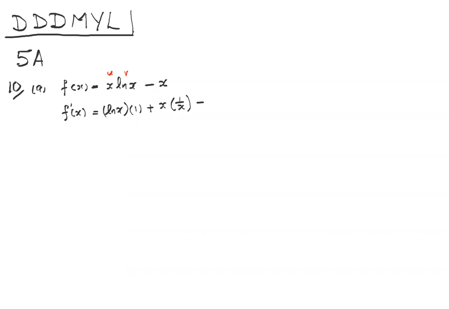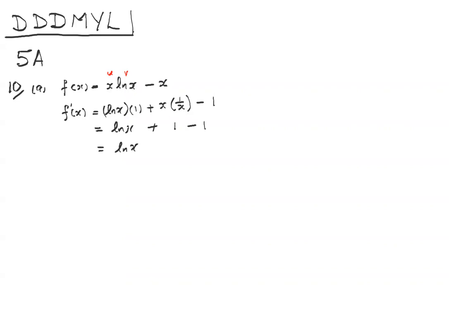Derivative for x is 1. Okay, derivative for x is 1. So you got ln x plus 1 minus 1. So this is ln x.